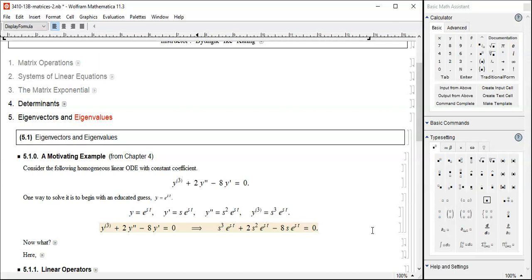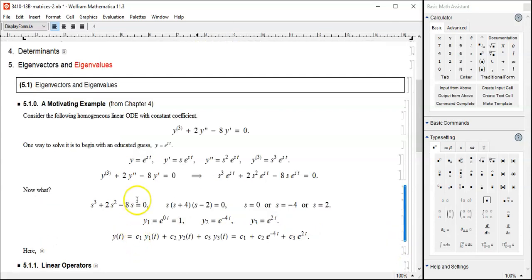Here, we can divide by this e to the st power because it's never zero. Exponential is never zero, so you can always divide by that. Then you're going to get all those exponentials off, and you're going to get a polynomial equation, which we call the characteristic equation. From here, divide by exponential, and this is what you're going to get, highlighted in blue.